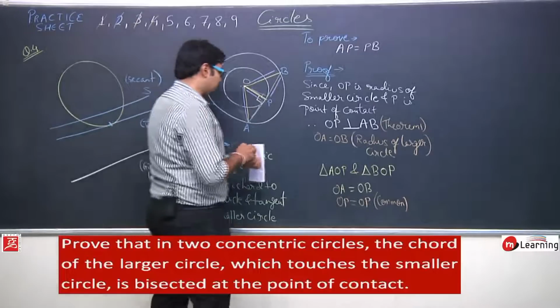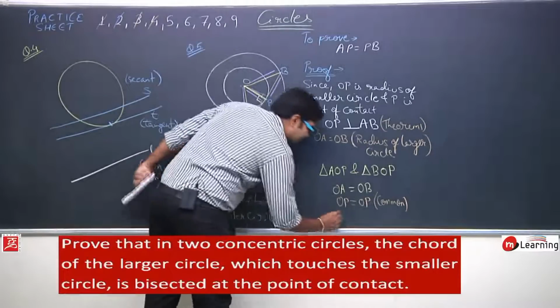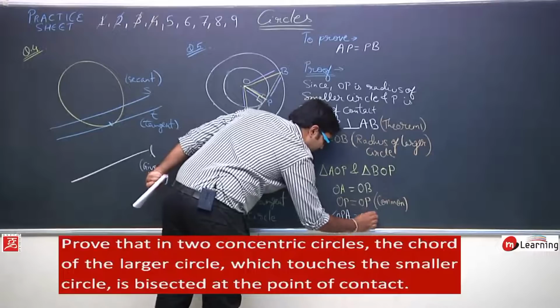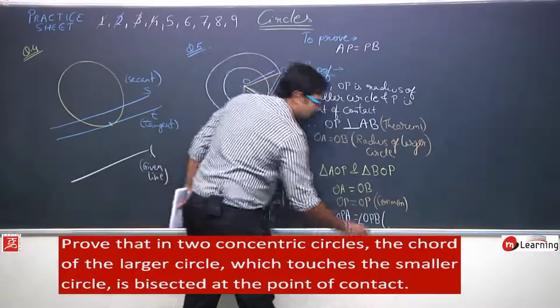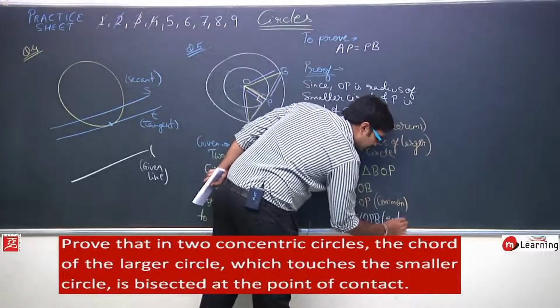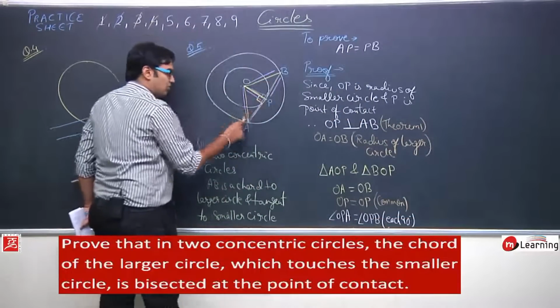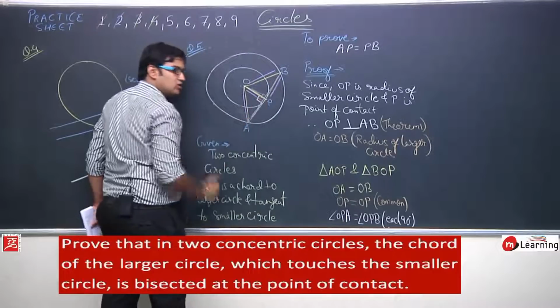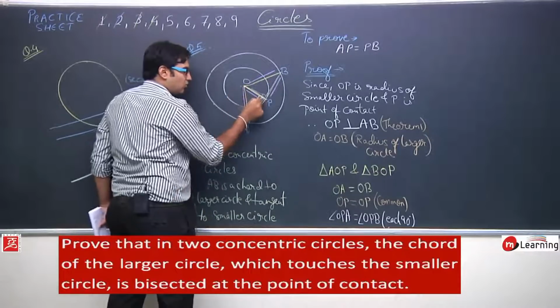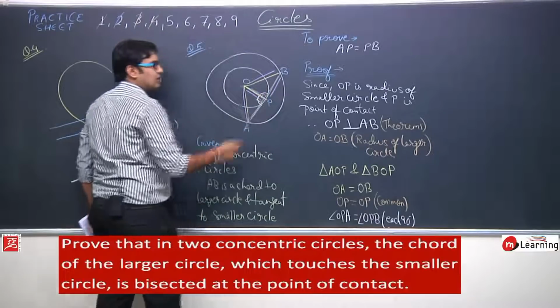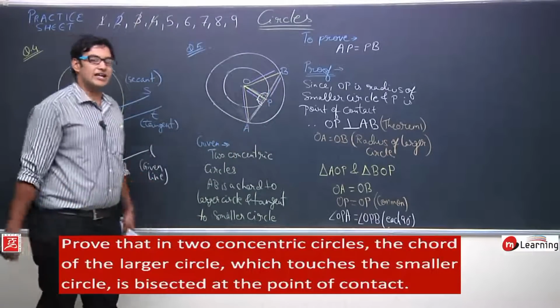And you have one more important condition, that angle OPA is equal to angle OPB. And why are the two angles equal? Because each angle is 90 degrees. Since this OP is perpendicular to AB, angle OPA and angle OPB are equal because both the angles are 90 degrees.